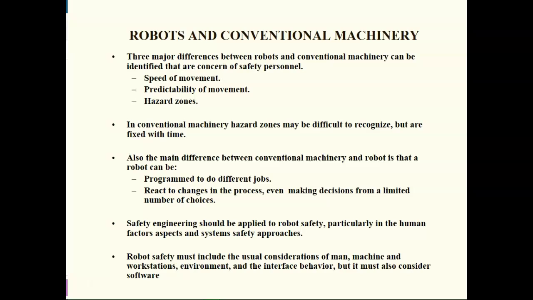So the main difference between conventional machinery and a robot is that a robot can be programmed and reprogrammed for different jobs, react to changes in the process, and make what I don't like to call decisions, from a limited number of choices.